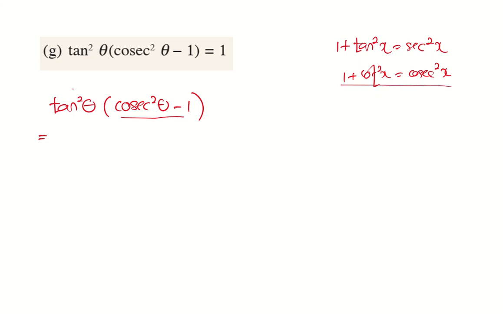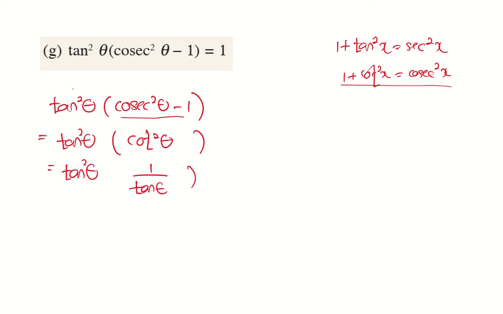From here you can see it is actually cotangent. So we have cotangent square theta. So over this side I don't change anything. Why? Because it will cancel off. This and this cancel off, it will be 1. Proven.